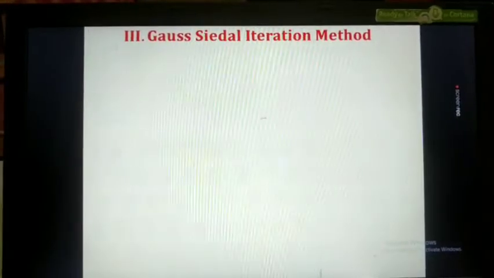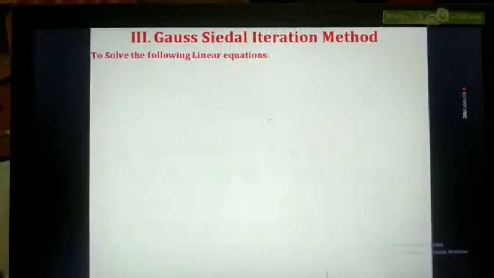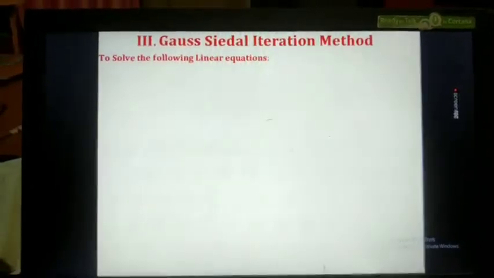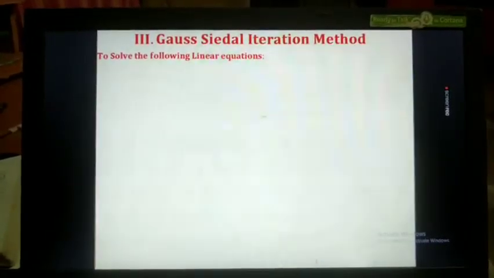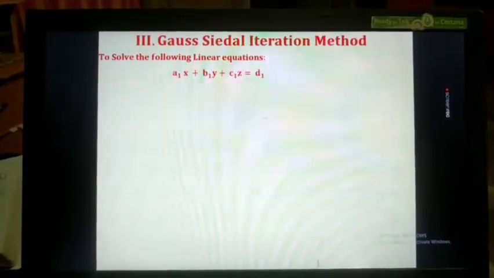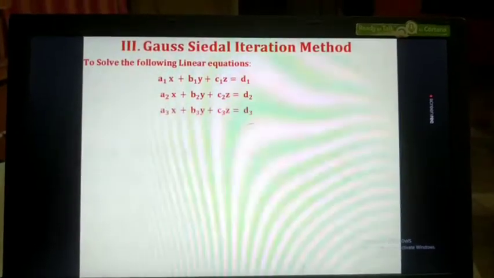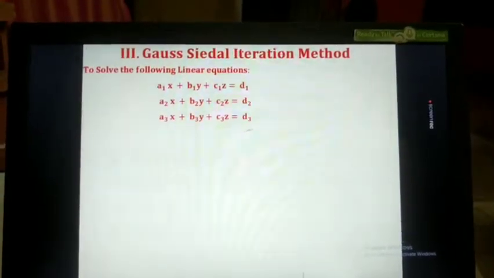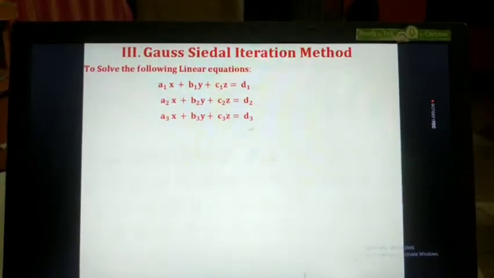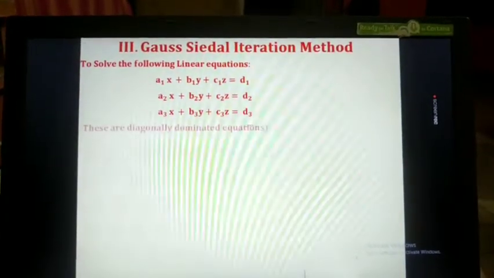Next, let us go to the Gauss-Seidel iteration method. In the Gauss-Seidel iteration method, again take the three unknown equations in a similar manner: A1x plus B1y plus C1z equal to D1, A2x plus B2y plus C2z equal to D2, A3x plus B3y plus C3z equal to D3.